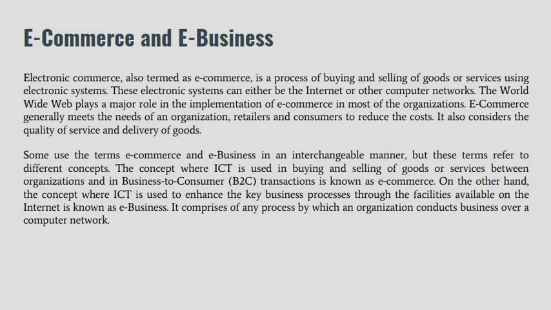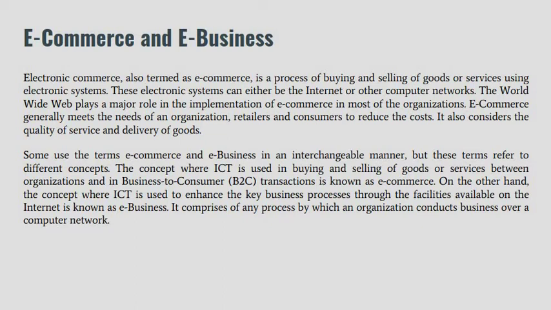In order to have a smooth functioning of these processes, whenever we use ICT, we are basically approaching e-business. It comprises any process by which an organization conducts business over a computer network, right? It can comprise any process that is done with the help of WWW.